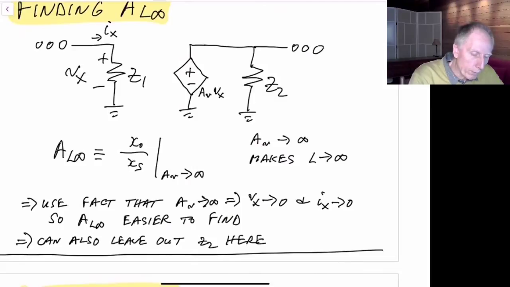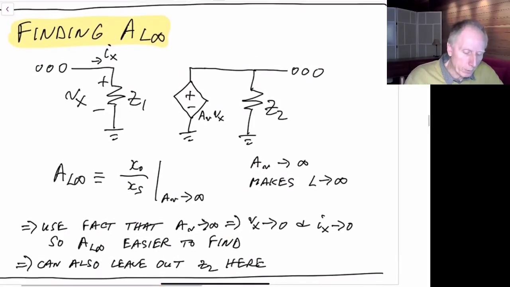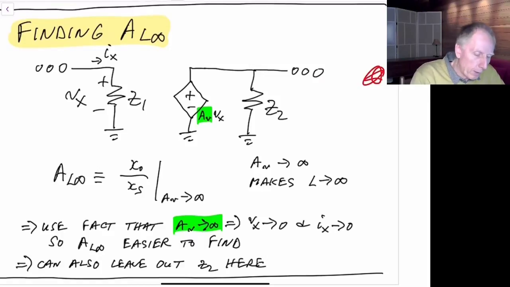Now, we can use a few things here that will help us do our analysis. Because we know that this gain A sub V has gone to infinity, that means assuming that the voltages in the remaining parts of the circuits over here somewhere are finite, then this voltage here must be going to 0.